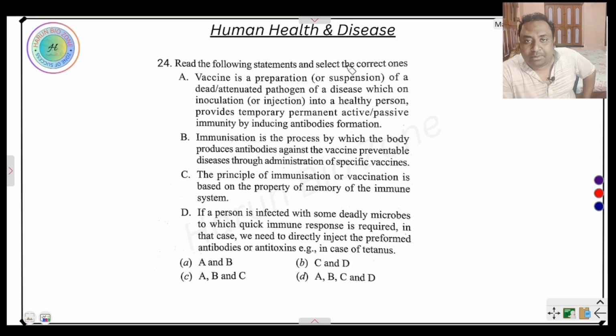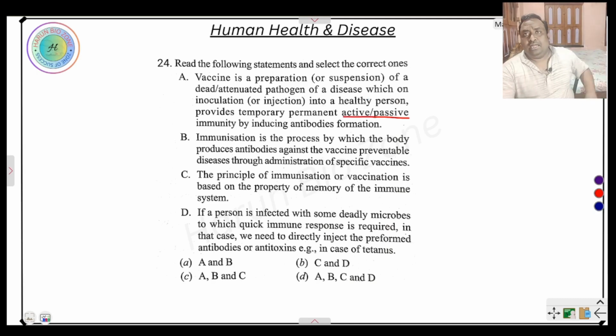Next question. Read the following statement and select the correct ones. Vaccine is a preparation of dead or attenuated pathogens of a disease which on inoculation into a healthy person provides temporarily permanent active or passive immunity by inducing antibody formation. Here they want to say that a vaccine is a suspension of dead or attenuated microorganisms, and when it is injected into a person, it is recognized as a foreign antigen and produces antibodies.